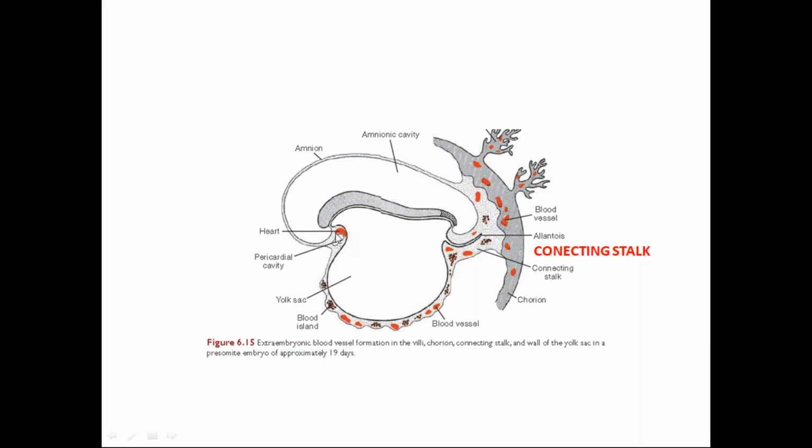And as the pericardial cavity is developing, that means the heart is also formed. There are a lot of cells forming in the wall of the yolk sac. These are called the angioblasts, the angiogenic cells, which are forming here in the wall of the yolk sac, migrating to the placenta, and they will be going into the body systems also.